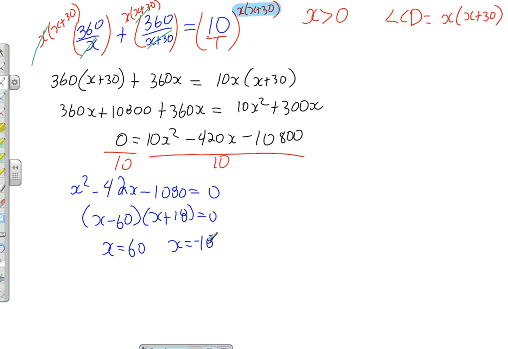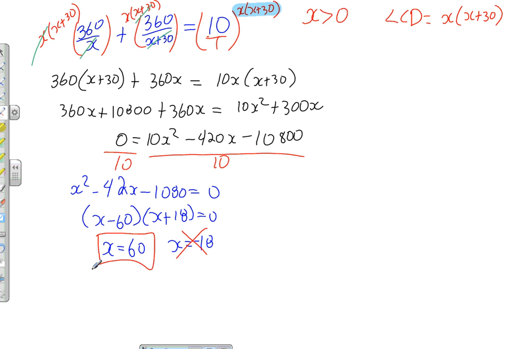That doesn't make any sense. Negative 18 kilometers per hour, not going to happen. We're not talking about vector quantities, so that's extraneous. We have to make sure that x equals 60 makes sense. Let's go back to the meaning of the x.